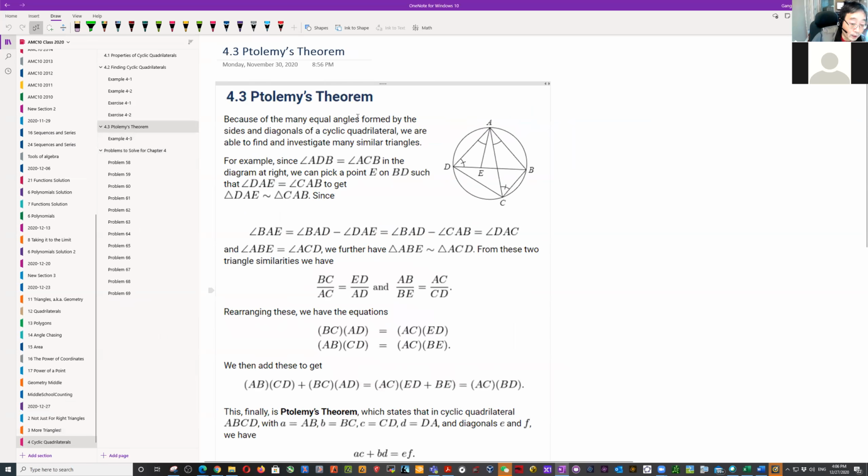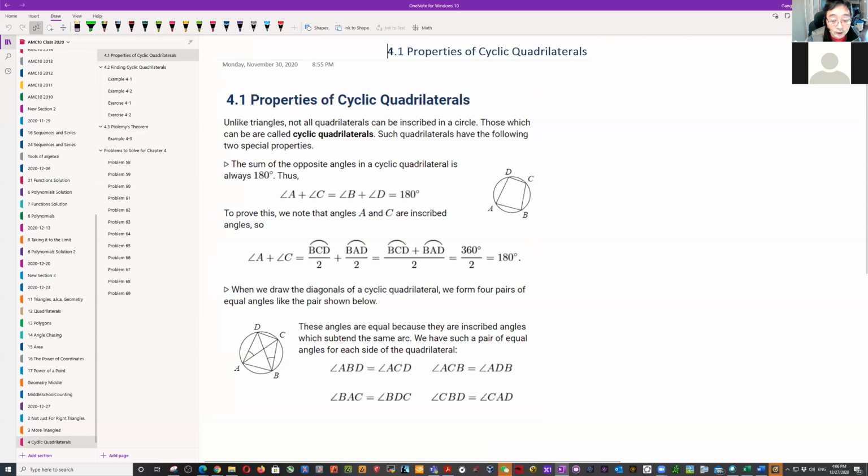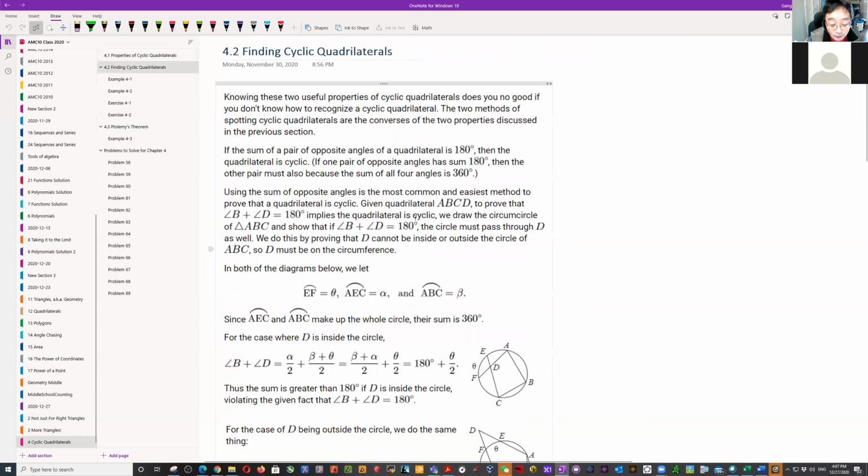Basically, let's go to the last portion of this introduction, Ptolemy's theorem. We know that in a cyclic quadrilateral, the opposite angles are supplementary. So the opposite angles, A plus C equals 180 and B plus D equals 180. Then it's fairly easy to find out whether or not a quadrilateral is cyclic.